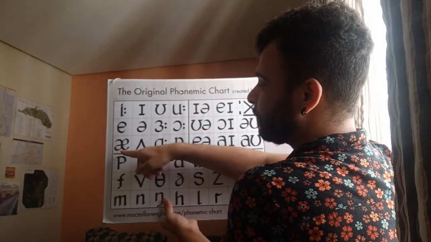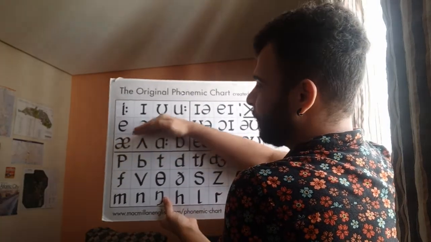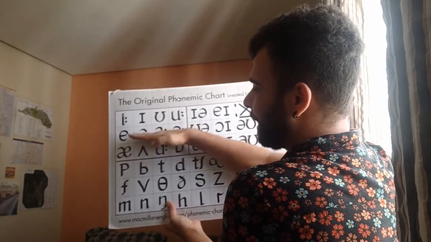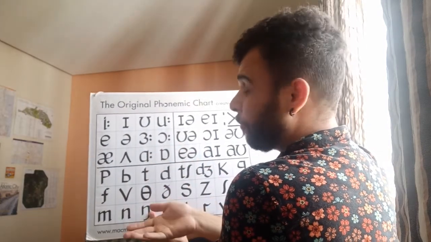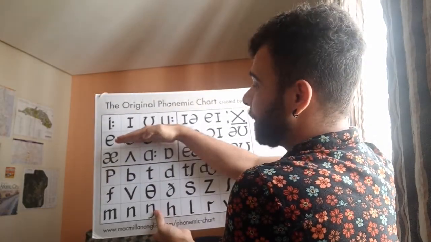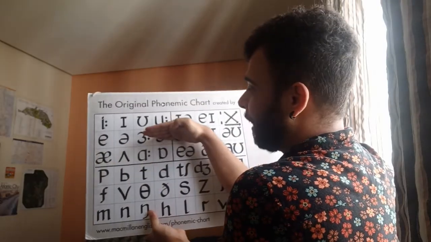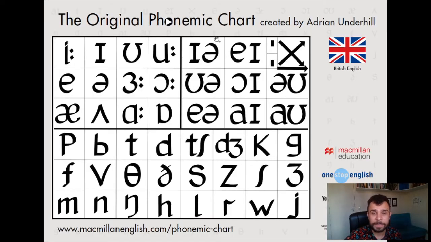If you want to make this sound, it needs to go down and front. So this works as a reference to what kind of movements, high or low, front or back, the tongue is making.